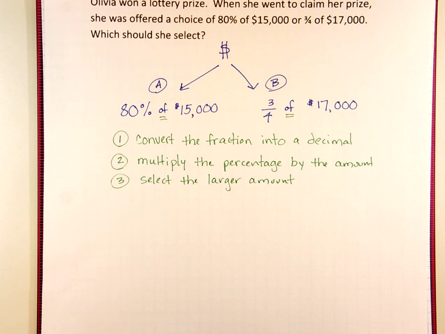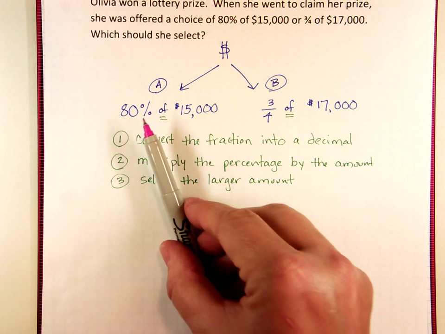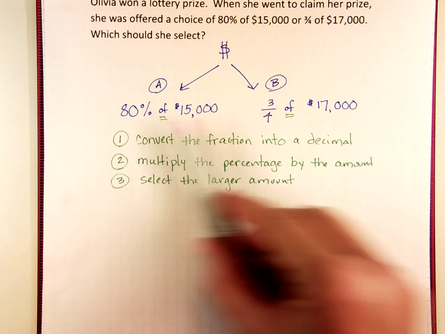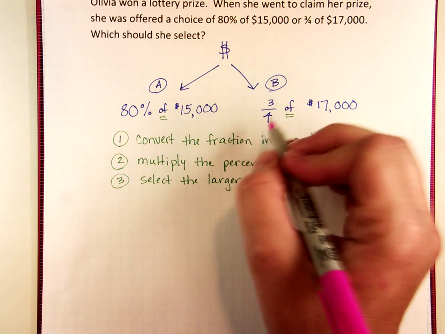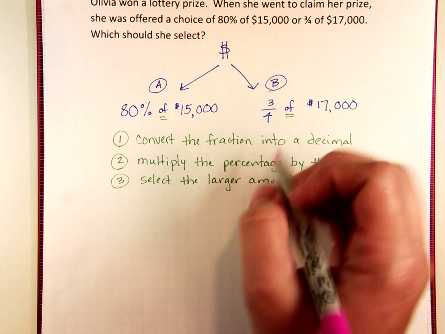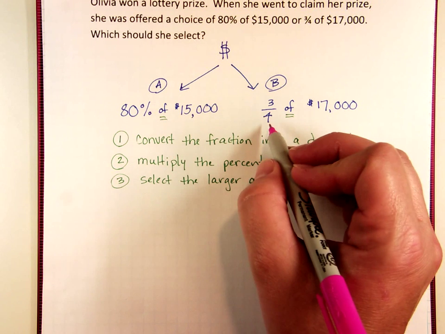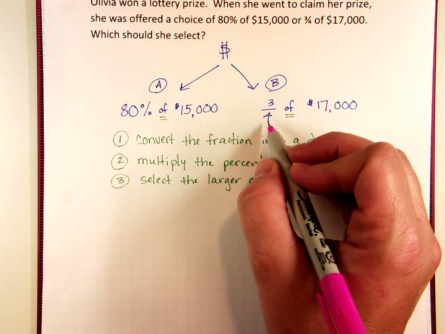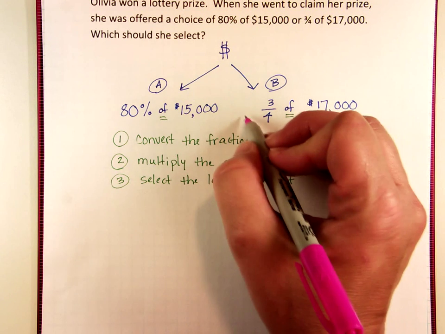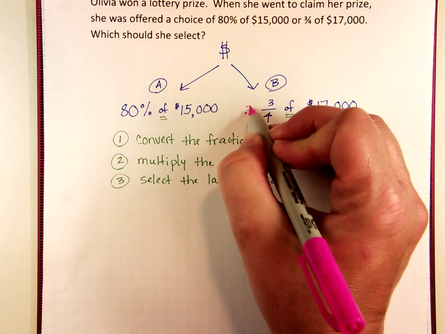So estimate the answer. This one is a little tough to estimate. Here you have 80% and here you have 3/4. Let's go ahead now, just to help us estimate, and turn this into a percentage. 3/4, if it was 3 actual quarters and you had money, that would be 75 cents. 3/4 is 0.75.